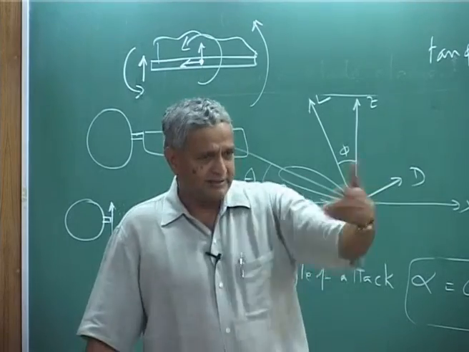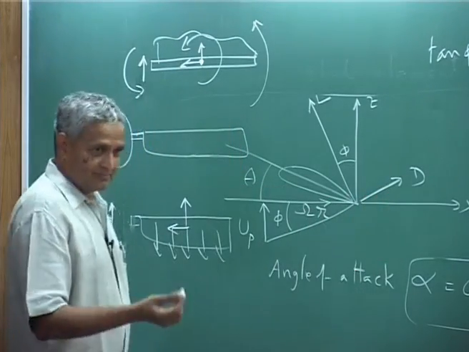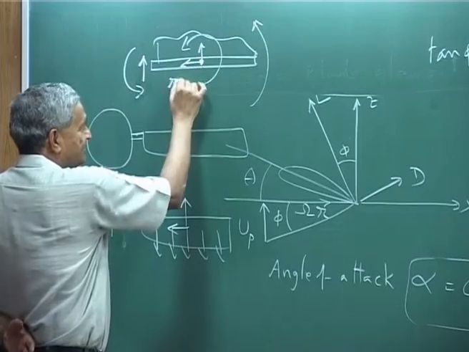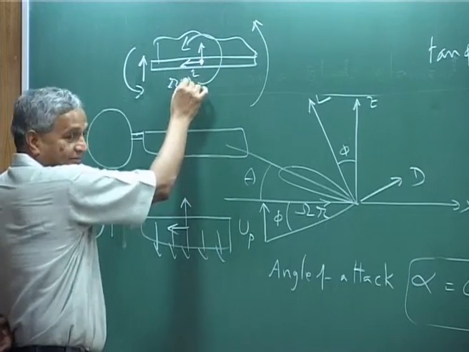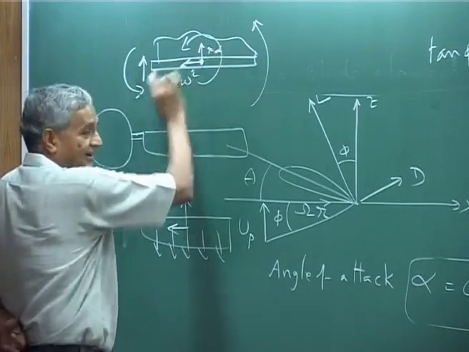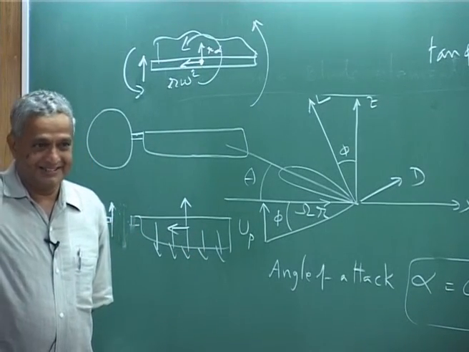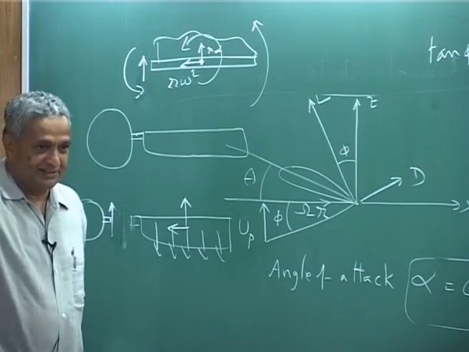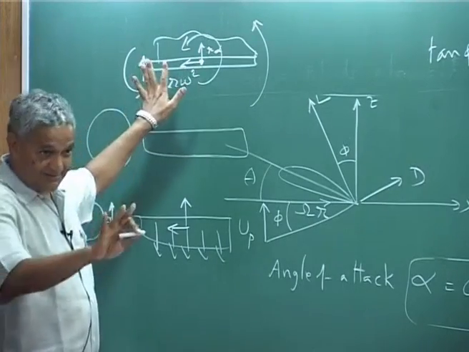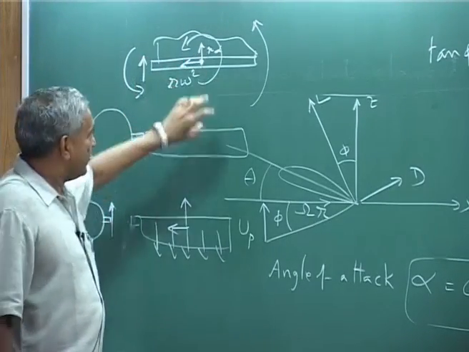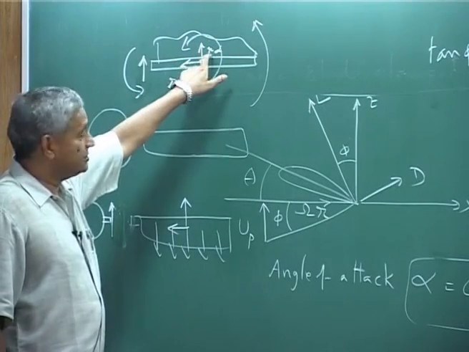From basic rigid body dynamics, you know that this is r, this is r alpha. Tangential acceleration, r is constant, and that is an alpha. Now this should be 0.